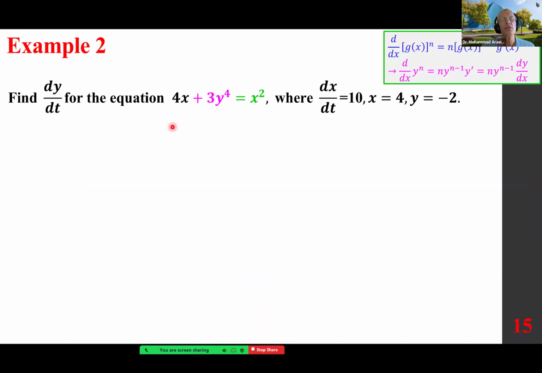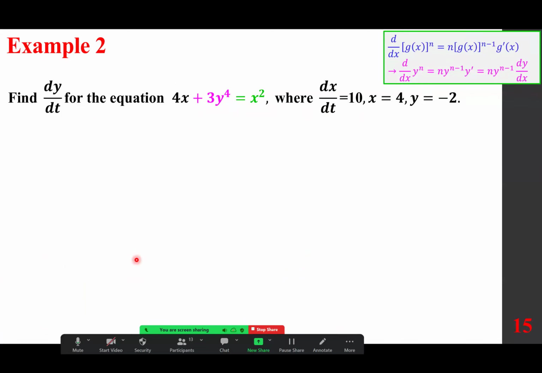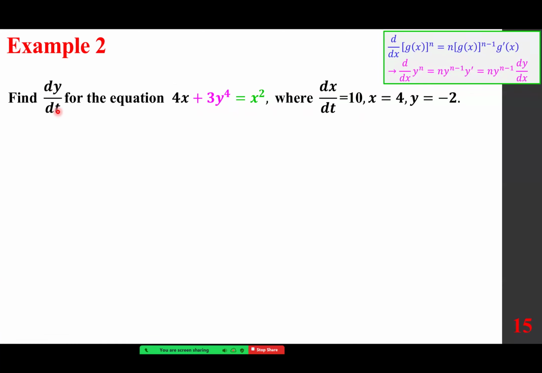Find dy dt for equation 4x plus 3y to the power 4 equals x squared, where dx dt equals 10, x equals 4, y equals minus 2. What you should notice, the moment you see dy dt, that means t is the independent variable.